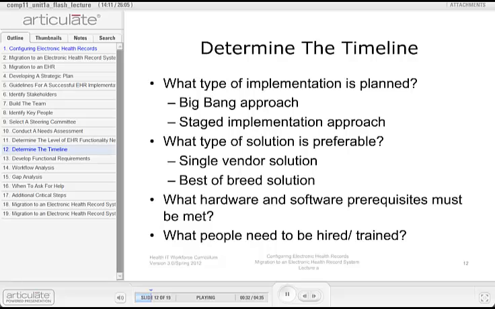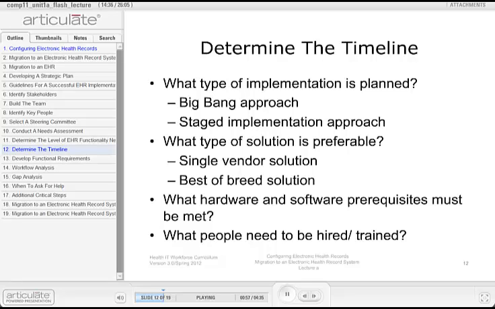It may also involve concurrently implementing multiple modules and features of the EHR, or implementing the EHR simultaneously at multiple sites. The second type of implementation is called a staged implementation. This implementation model enables predefined elements of the EHR in stages until the entire suite of functionality has been implemented.